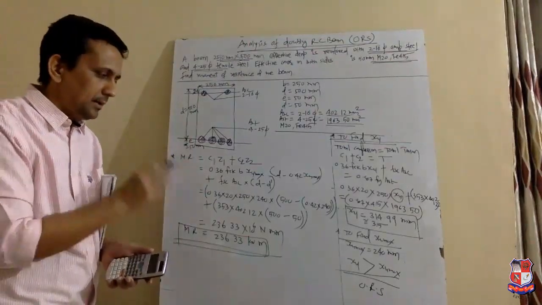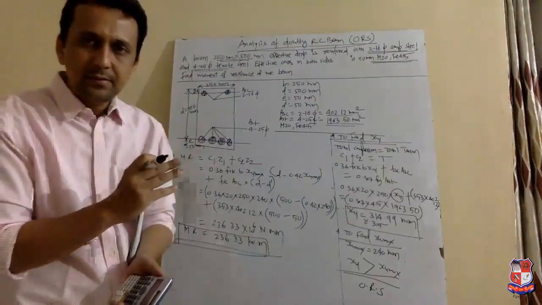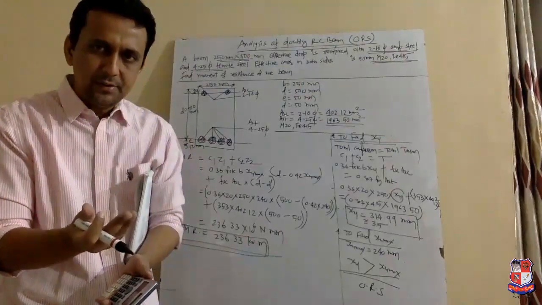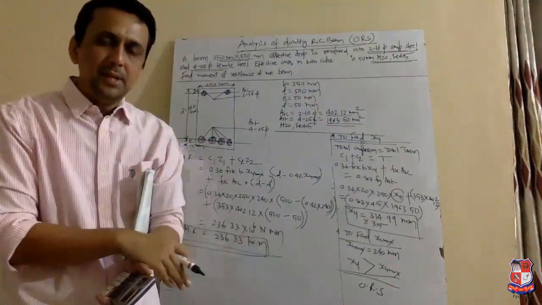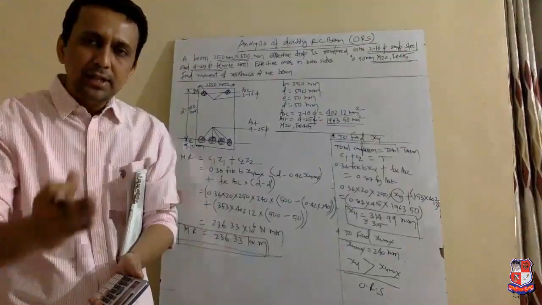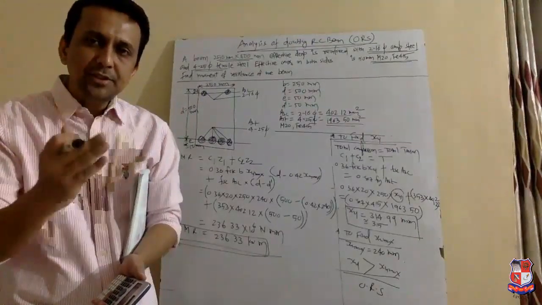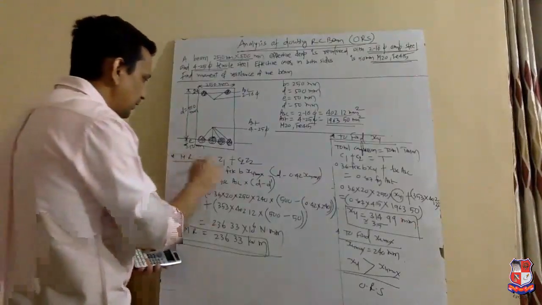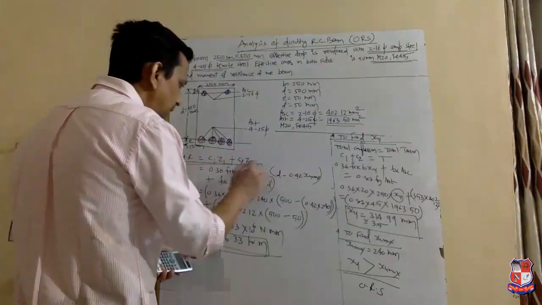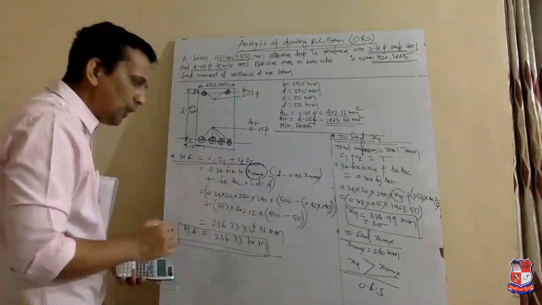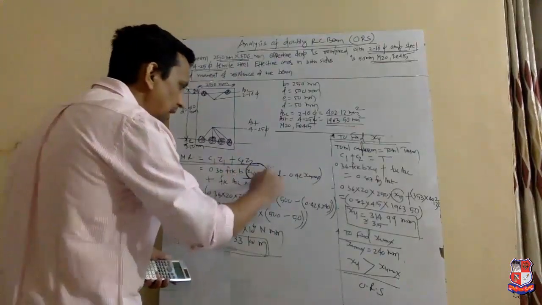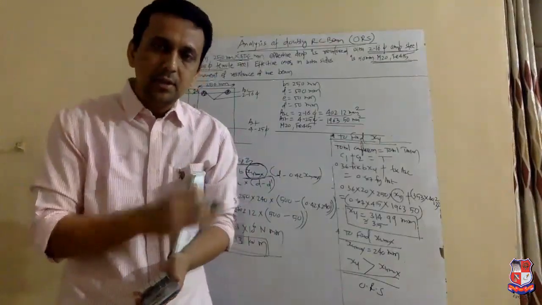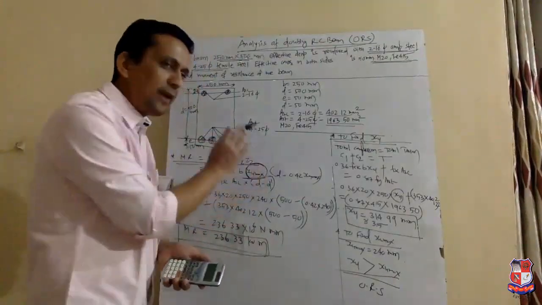Again, I repeat, the main difference between URS and ORS sections in a doubly reinforced beam while calculating the moment of resistance of the beam is in the equation of MR. When the section is ORS, you have to take xu max, and when the section is URS, you have to take the value of xu.